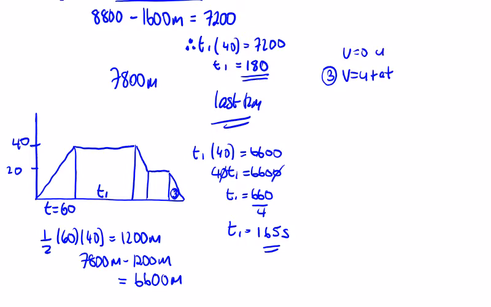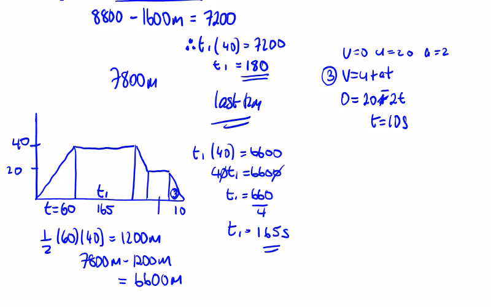V is equal to 0, U is equal to 20, and A is equal to 2. So time is 10 here. So 0 is equal to U, which is 20, plus 2t. Well, it'll be minus 2t in this case with deceleration. So t is equal to 10 here. So 10 seconds. So I've got my 60, my 10, my 165.